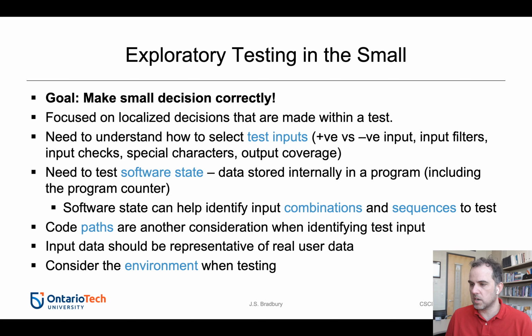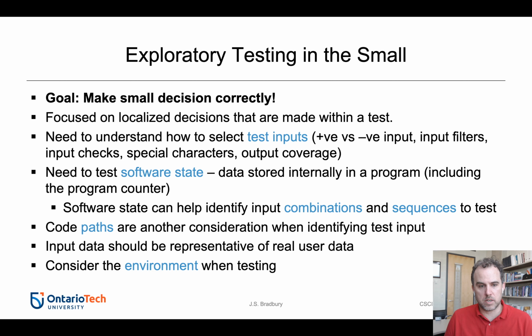Well, we're going to be looking at positive versus negative inputs, input filters, input checks, trying different special characters, looking at output coverage and how we cover outputs. And we're really going to be focused on testing the software state, the data stored internally in the program. And this includes the program counter.